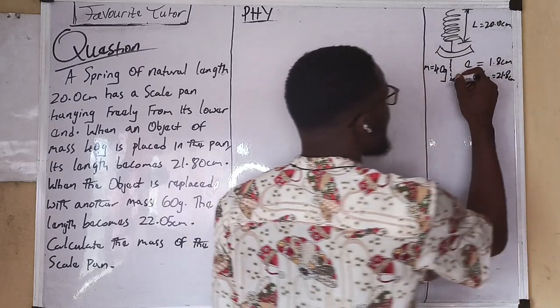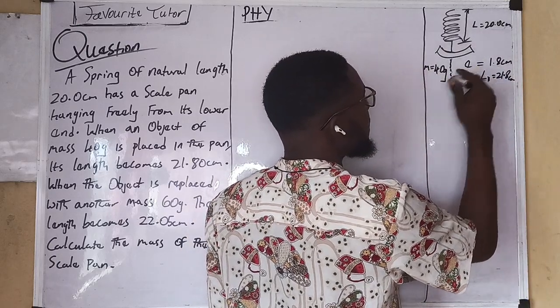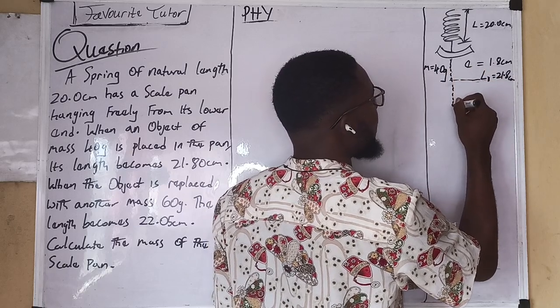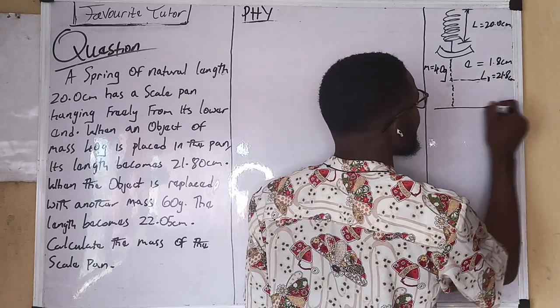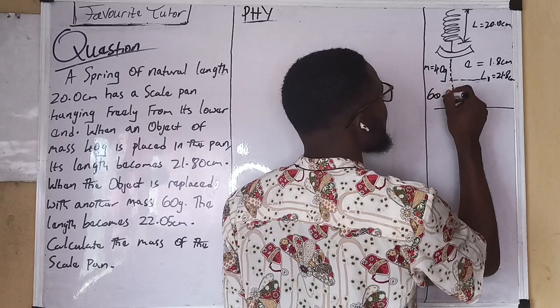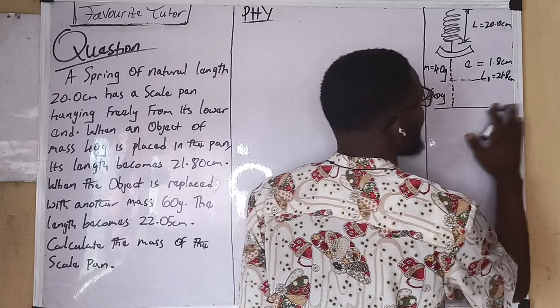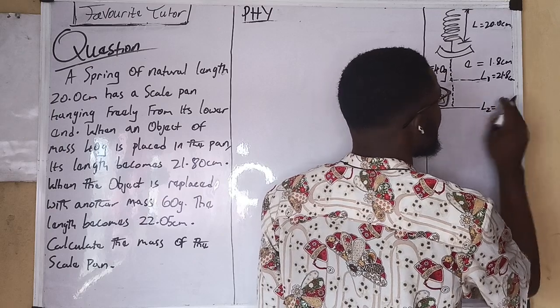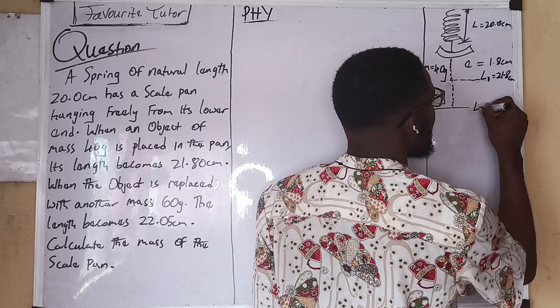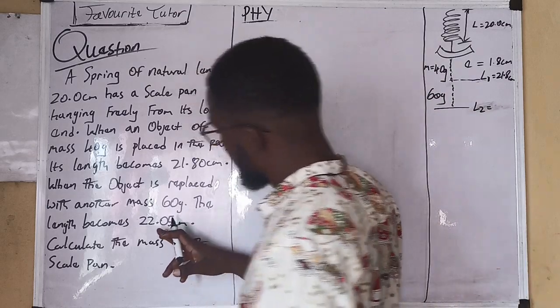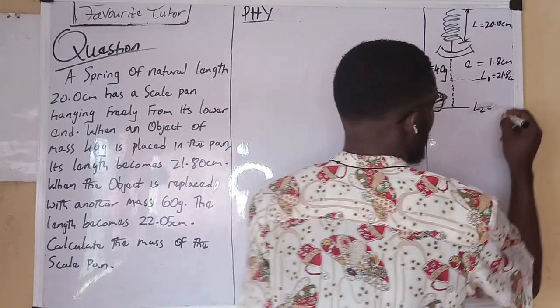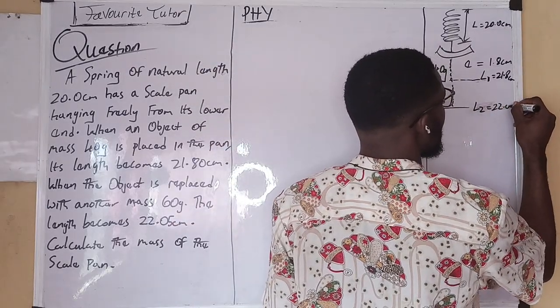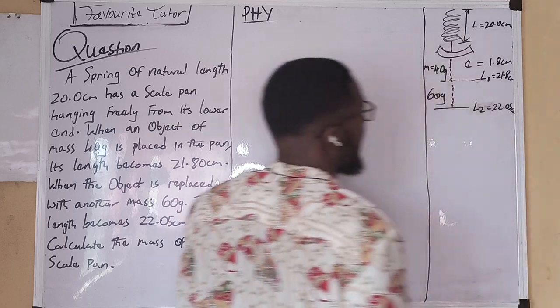When this mass of 40 grams is replaced with a mass of 60 grams, you are going to have a new length, and the new length is 22.05 centimeter.